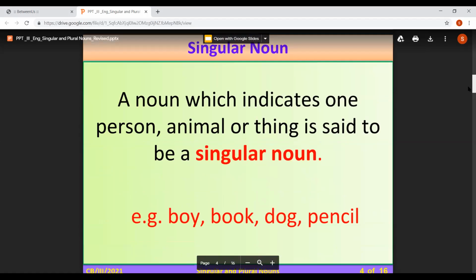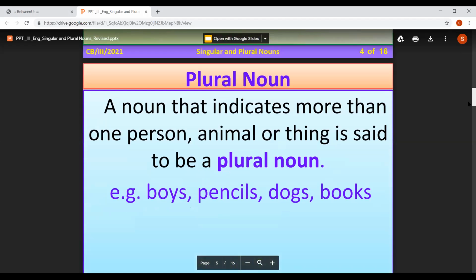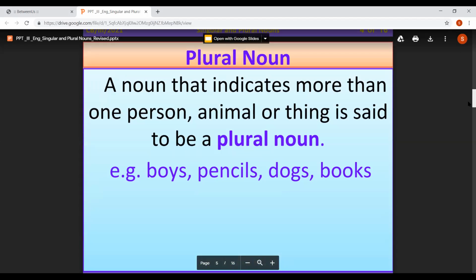What is a singular noun? A noun which indicates one person, animal, or thing is said to be a singular noun. Example, as I said before: boy, book, dog, a pencil. A plural noun is more than one.